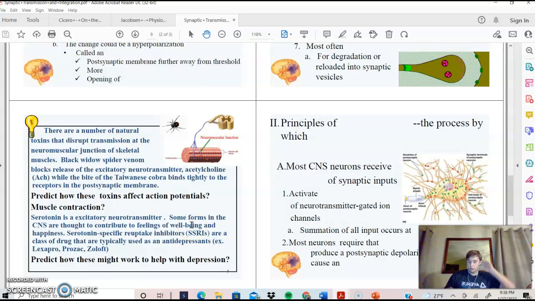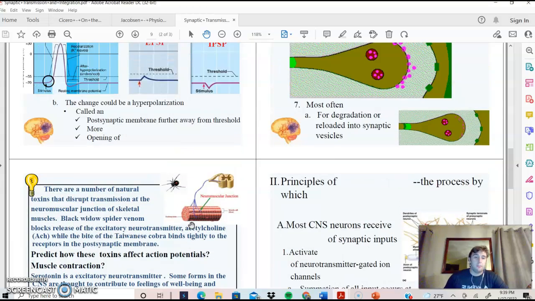So here's what you need to know for the point to ponder. Black widow spider venom. When the black widow spider venom is present, it is going to cause no release of the neurotransmitter, because it blocks the release of the excitatory neurotransmitter.